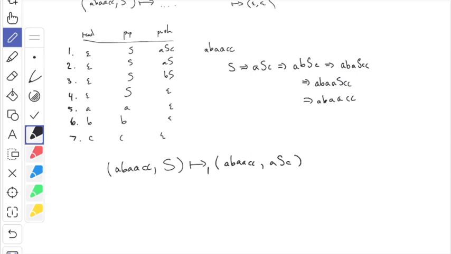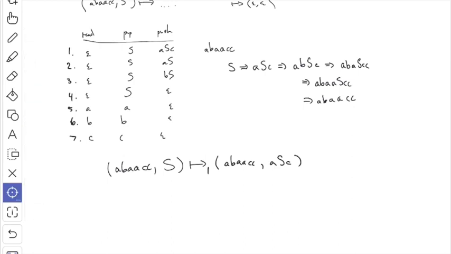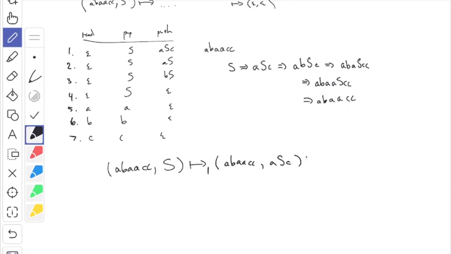Every step that you do here is going to cause some extra stuff to go on the front of the stack, which you should pop off using one of these rules, 5, 6, 7. So I'm going to use rule 5 to get rid of this A. The effect of rule 5 is basically to erase this A over here and also this A over here. So I'm going to go rule 5 here. It wipes out the A at the beginning and also pops the A off the stack like that.